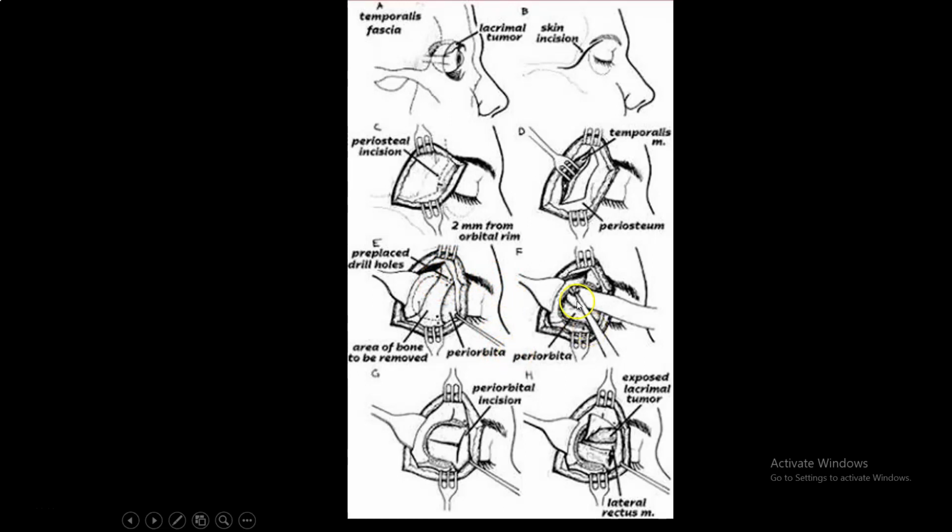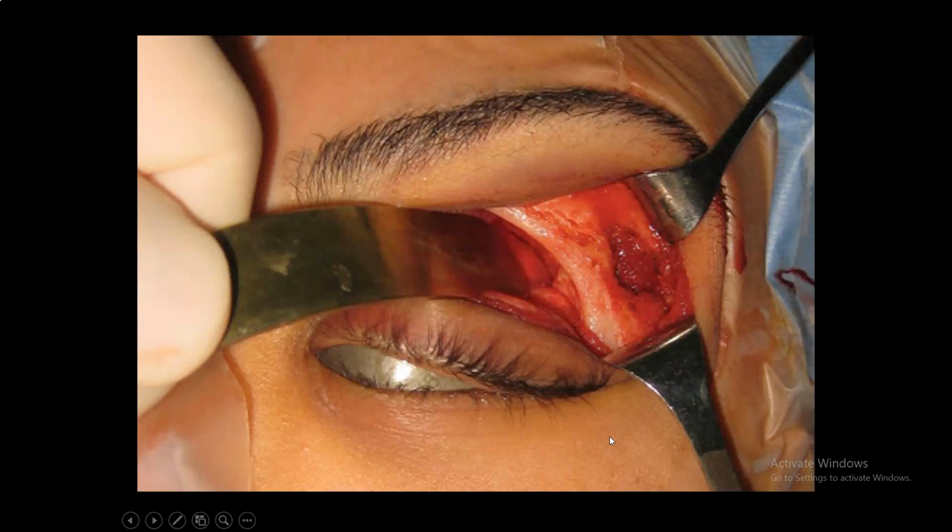Then you drill the orbital rim, and you have here the lateral compartment, the periorbita, the lateral part of the orbit, and you open it. You can expose the tumor according to its location, intraconal or extraconal.